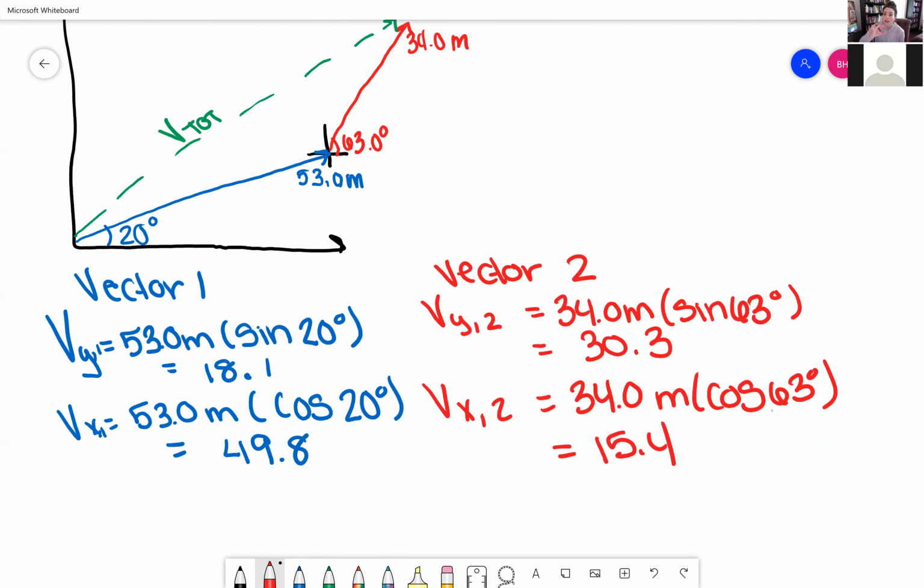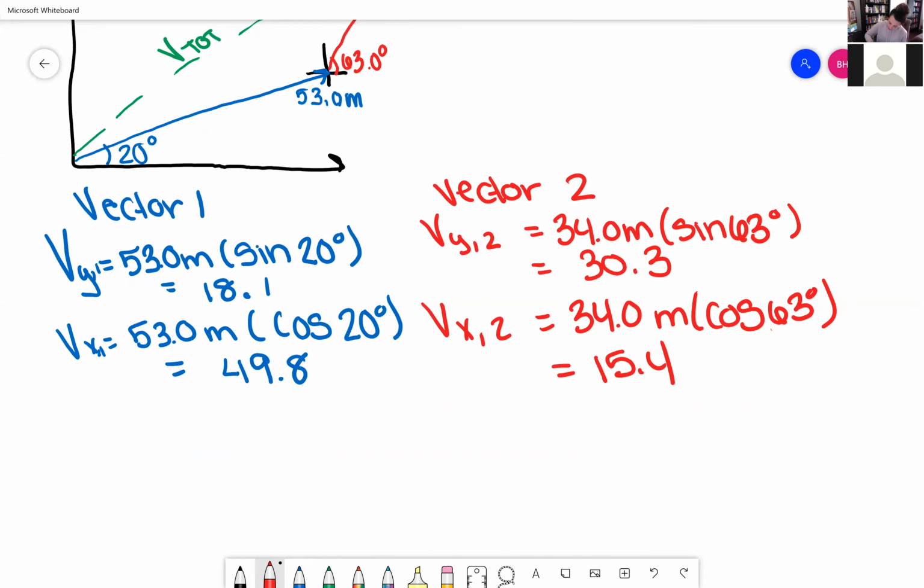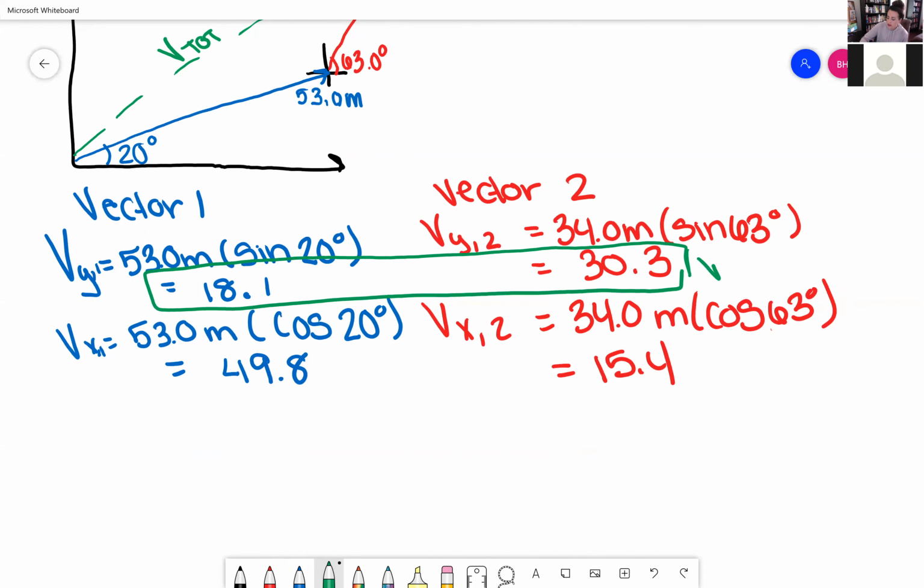So now what we need is the total x value and the total y value, and all we need to do is add those together. So looking at this, my v total is going to be, my vx total is going to be vx1 plus, why am I doing x?